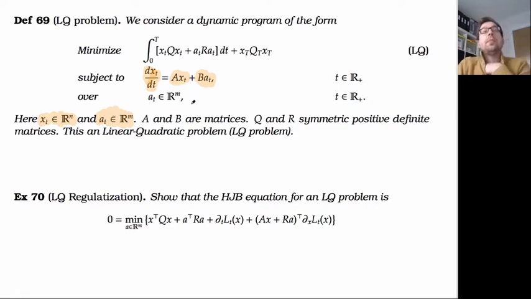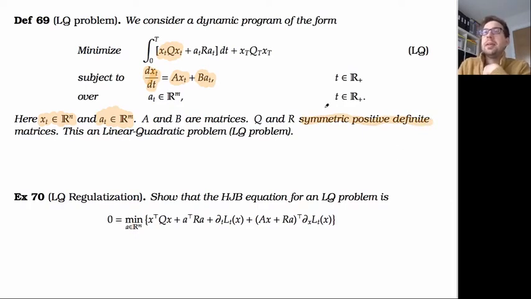Further, we look to minimize the cost, which is given by essentially x_t^T Q x_t. So we're looking at some matrix Q, and we apply the state vector to either side of that matrix. We're going to assume that it's a symmetric positive definite matrix.